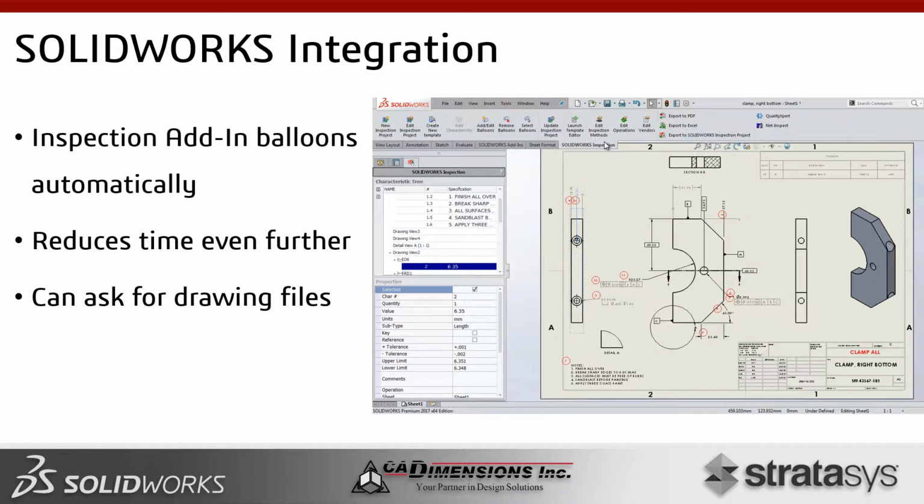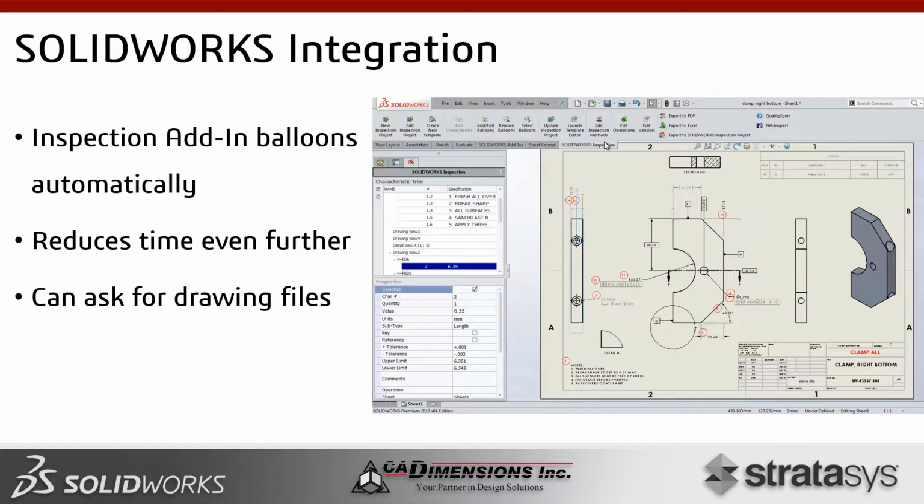So what I put here is you can ask for drawing files. Typically what we see is, we work with customers and they say, well, we get PDFs, and it's only because they don't have an inspection platform otherwise. So they just get PDFs, but they do have the ability to get drawing files. If they ask for drawing files, that's when we can use the SolidWorks add-in to your advantage.